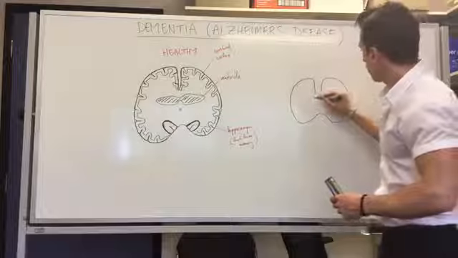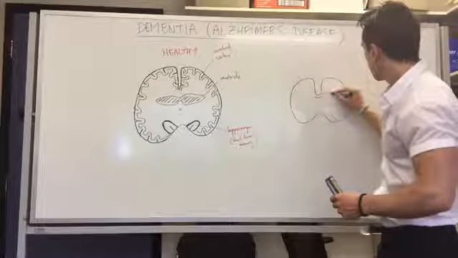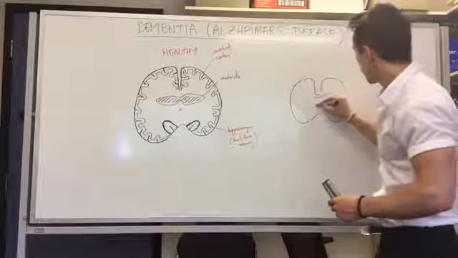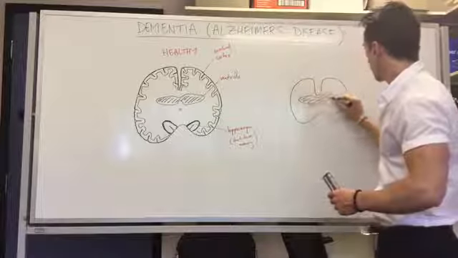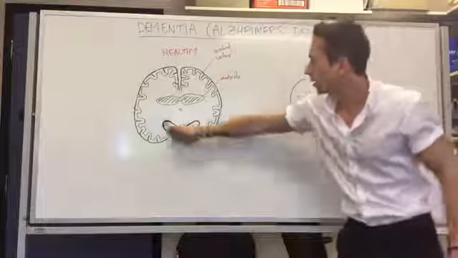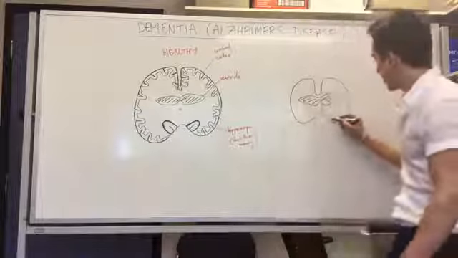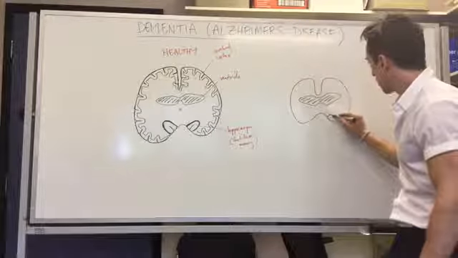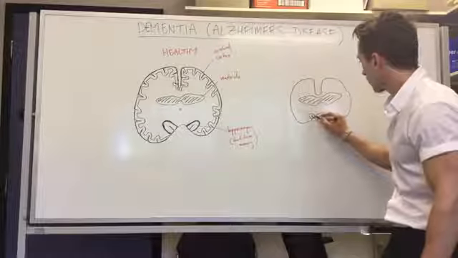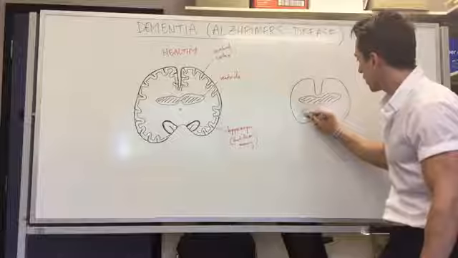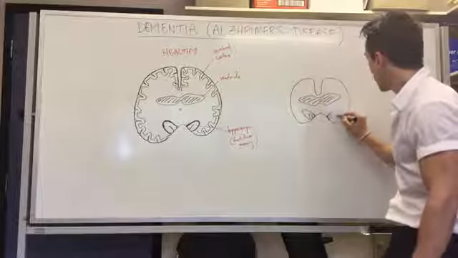You'll also find that the ventricles are larger. And you'll also see that the hippocampus is reduced in size. And the ventricle, lateral, inferior aspect of the lateral ventricle is increased.